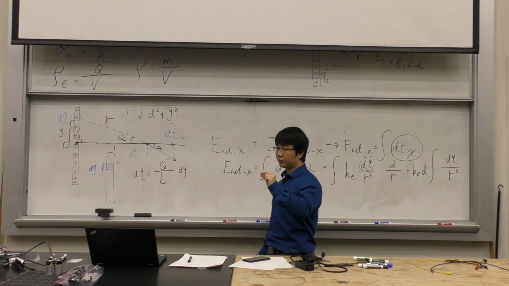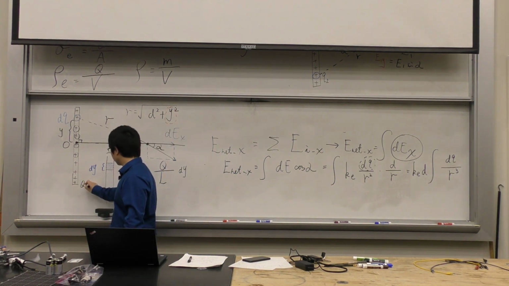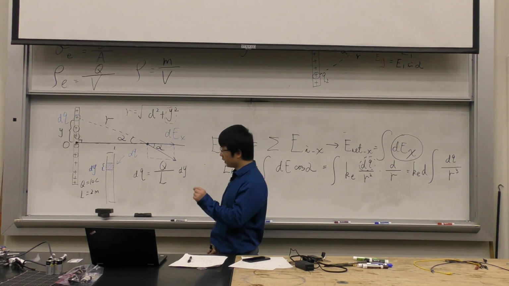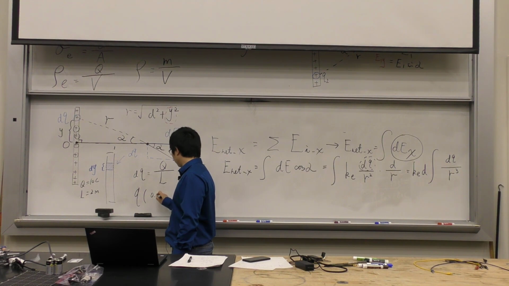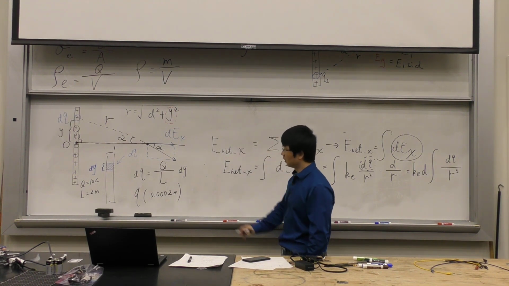To help you understand why that is true, let's just use some numbers. Say I have this rod with a charge of 10 coulombs, and the length is 2 meters. Now I'm going to ask you, what is the charge if I pick a 0.0002 meter segment on this rod?